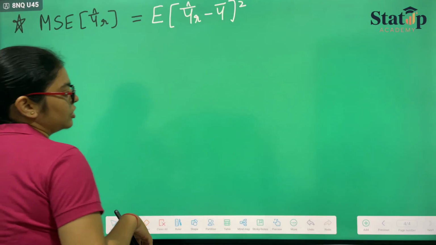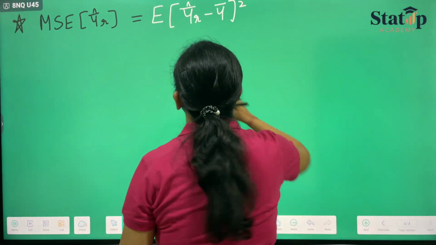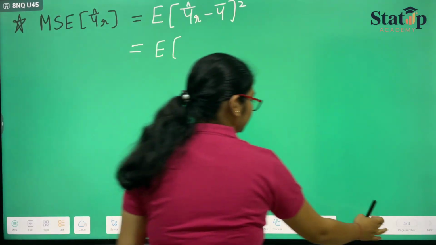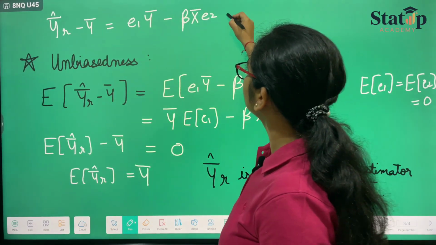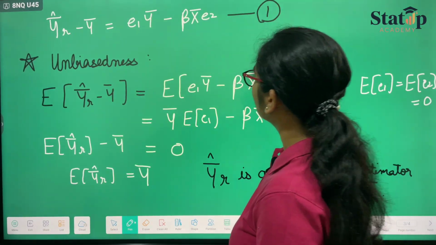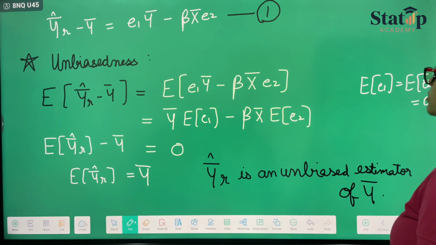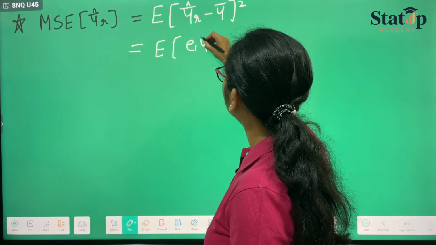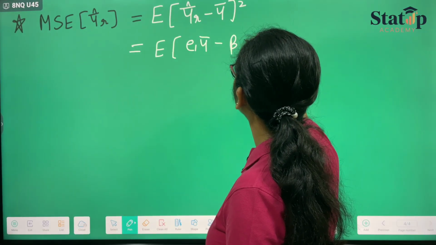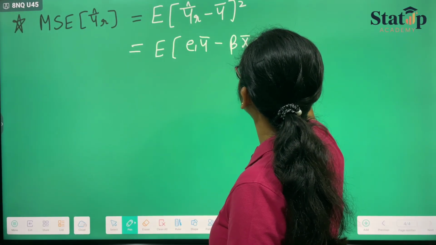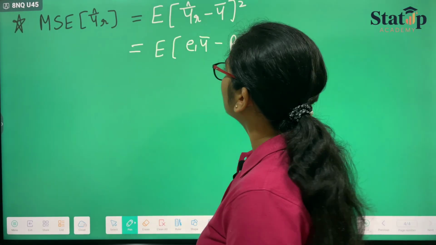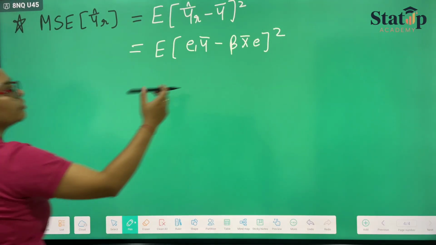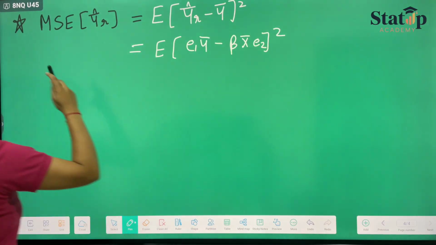Now the mean of the regression estimator minus Y bar is nothing but the expectation of, from this equation 1, E1 Y bar minus beta X bar E2, whole square. Now for this, first we have to derive the expectation of E1 square and the expectation of E2 square.